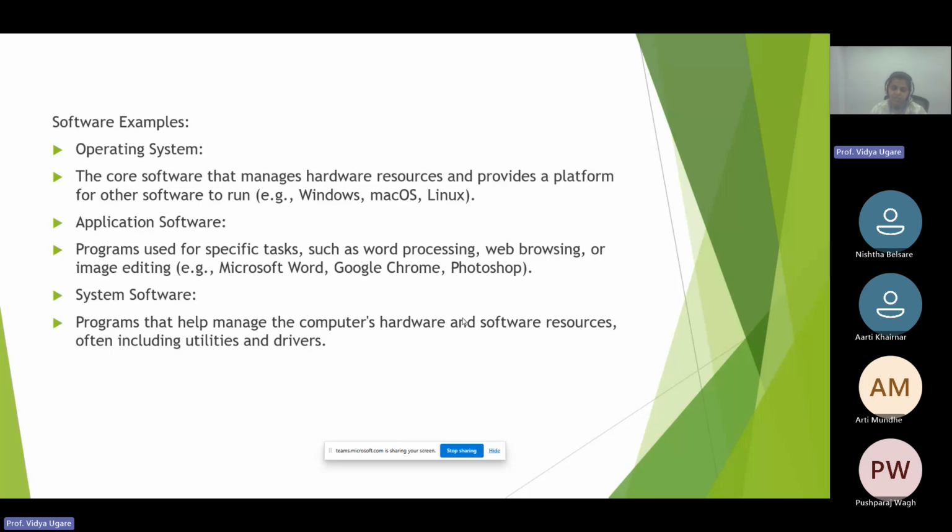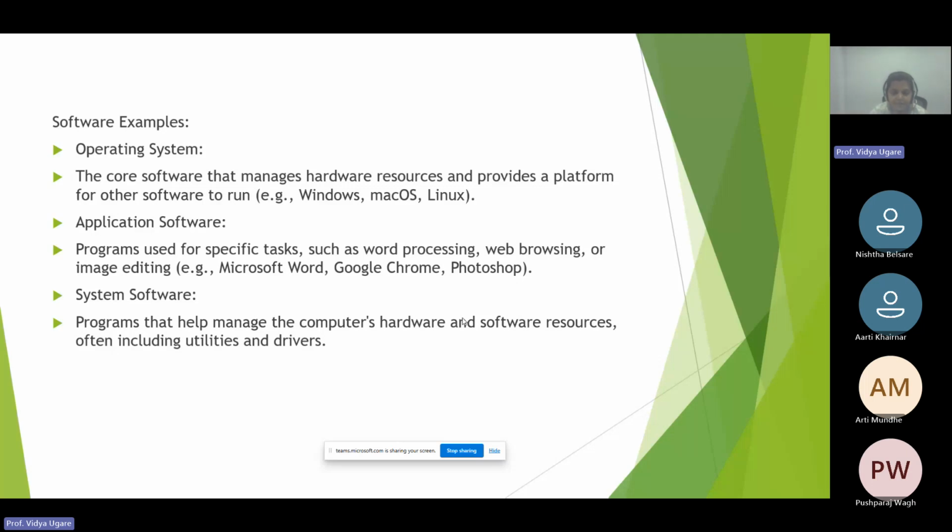This communication between hardware and software is done by system software. An example is the BIOS, basic input output system, which is also called firmware.